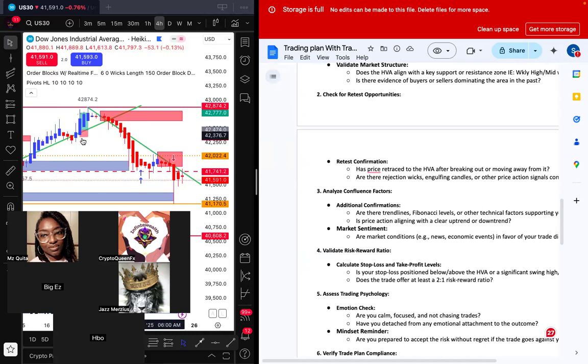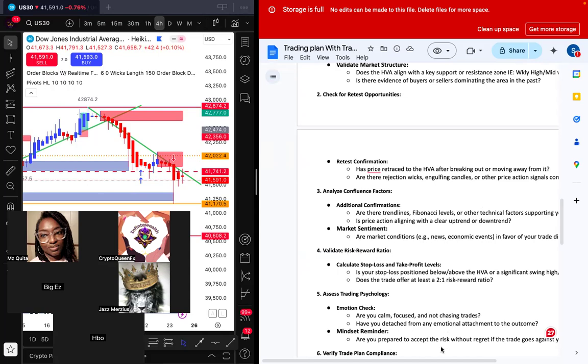I don't have a candle coming above my trend line. There's not a clear 4 hour candle coming above my trend line. That's it aligning with my trend, an uptrend or a downtrend. As long as it's below this line, it's a downtrend. If it's above this line, it's an uptrend. So it's clear price action telling me it's an uptrend or a downtrend.